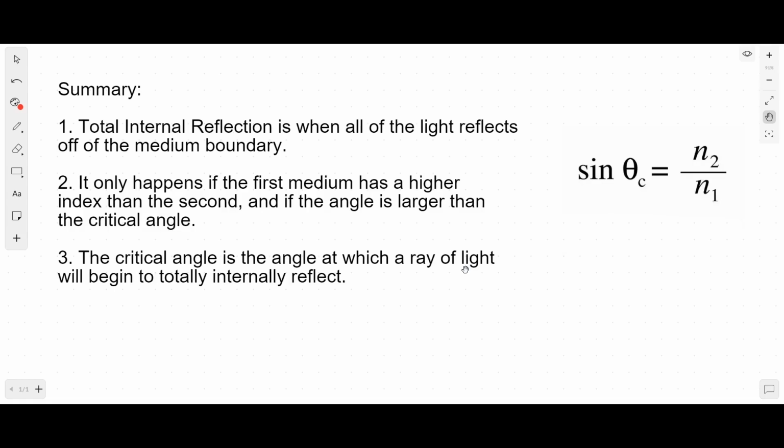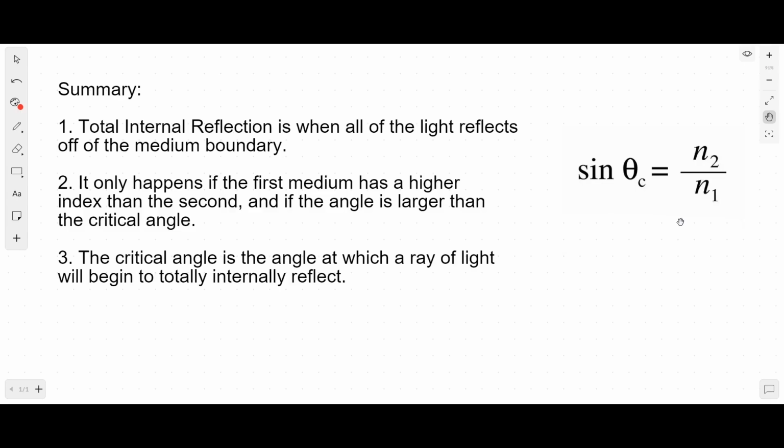The critical angle is the angle at which a ray of light will begin to totally internally reflect, and to solve for it, the equation is given as sine theta c is equal to n of the second medium divided by n of the first medium. Keep in mind that anytime you're above the critical angle, you will totally internally reflect. The critical angle is just where it will start to do it. It's the minimum angle where total internal reflection will occur.